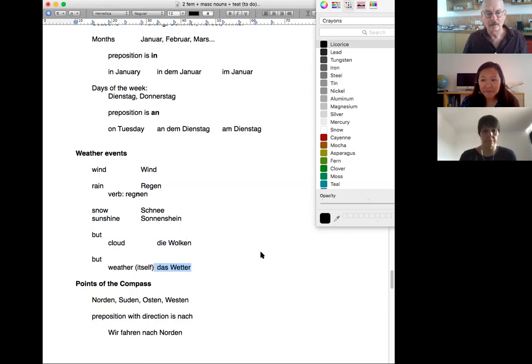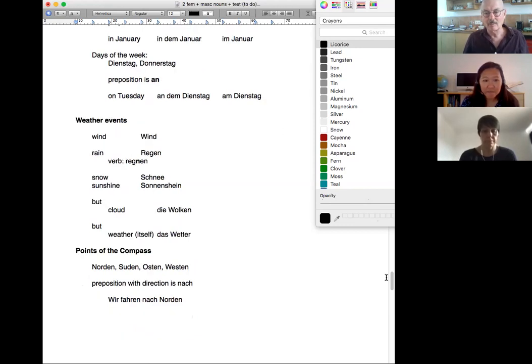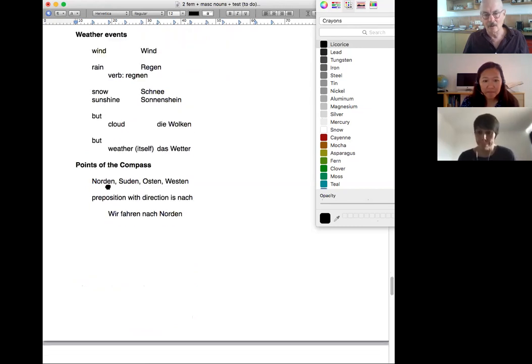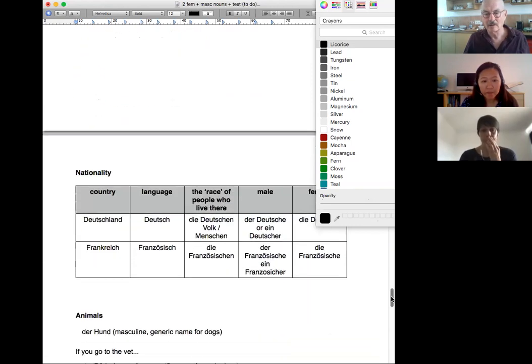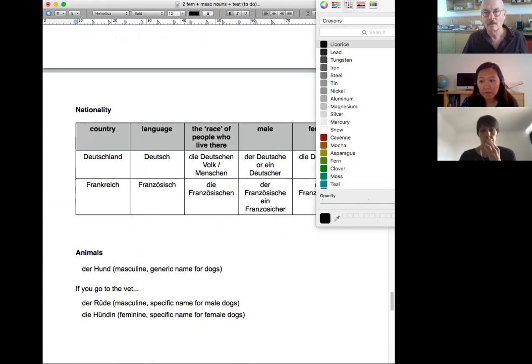All the points of the compass are masculine, and they're not Nord, Süd, that's French. It's Norden, Süden, Osten, Westen. The preposition with direction is nach. So wir fahren nach Norden. No need for a preposition there, so the fact that it's masculine is not that interesting to us.